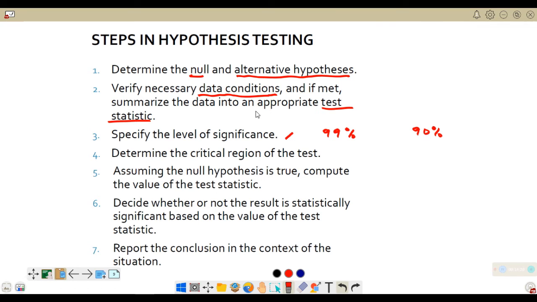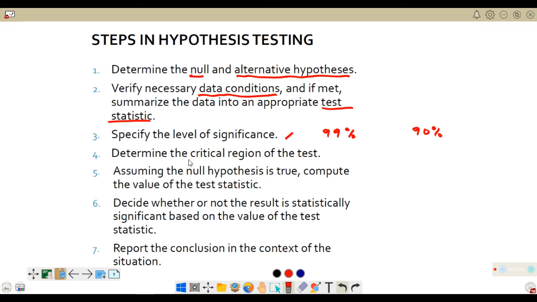Kapag tinataasan mo 'tong level of significance mo, mas mahirap i-reject si null hypothesis. Pero kapag binababaan mo yan, most likely, mare-reject mo si null hypothesis. Yun nga lang, prone ka sa error. Okay? Now, determine the critical region of your test.